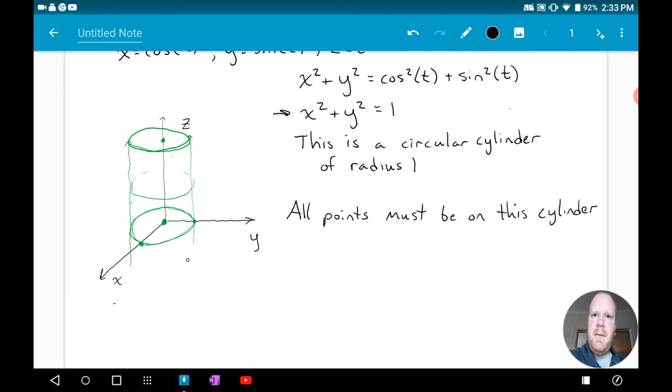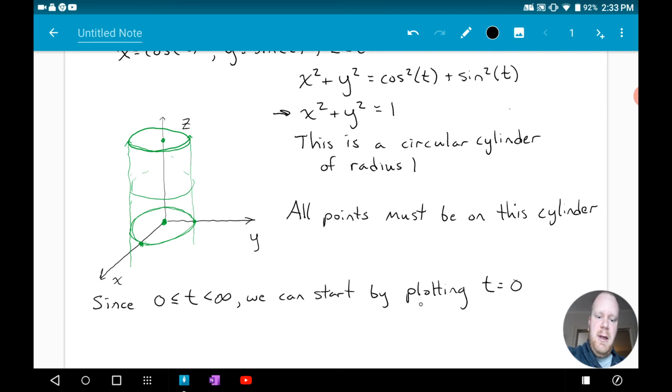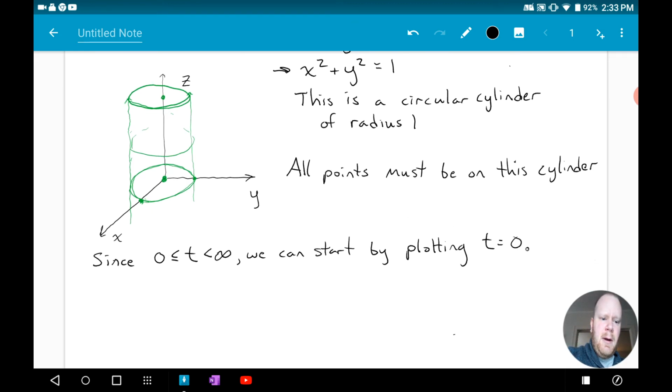Next, we can look at the range of t. Since this is our range for t, we can start by plotting t equals 0, since that's the beginning of our curve. We can also look at the remaining variable, z equals t.